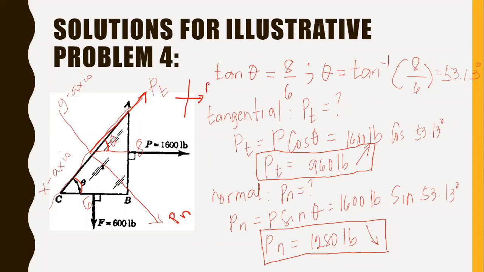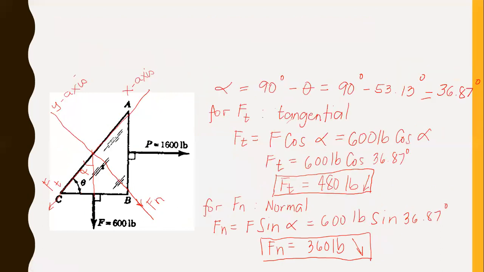You have your PT here, and then your P, this one is your angle theta, and this one is your PN. That is the reason why we have PT equal to P cosine theta, and for the normal, we have PN equal to P sine theta.